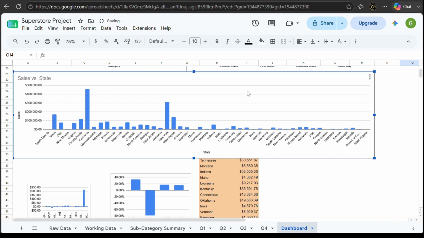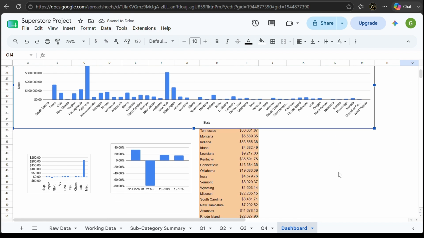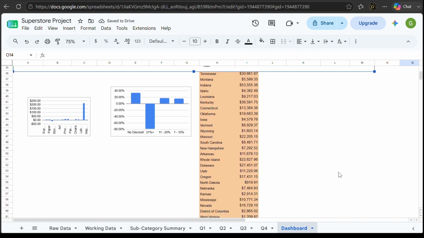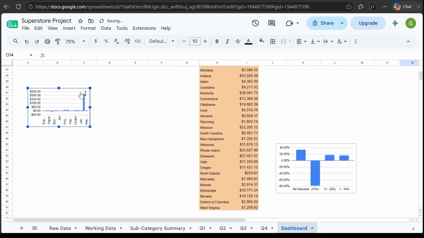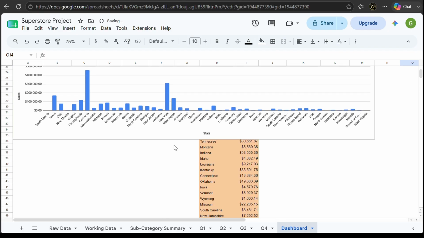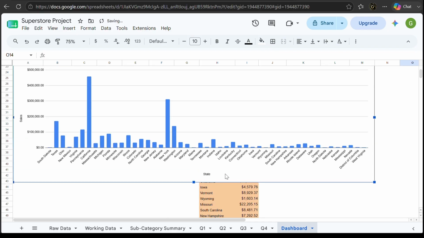So anyway, this is my sales by the different states that I have. So I'm going to shave this down a little, just a little.